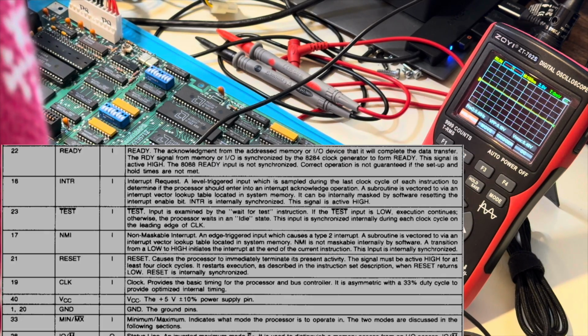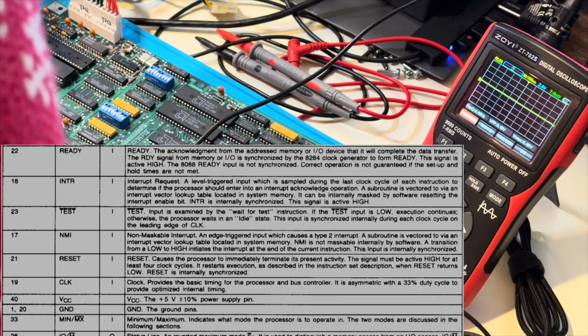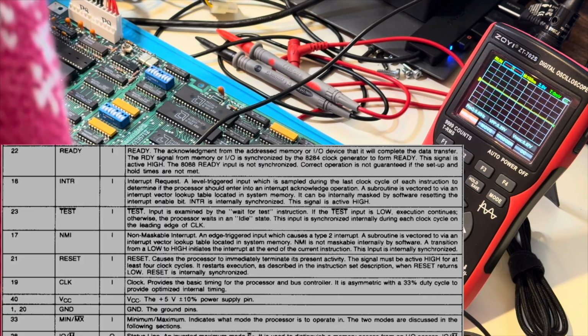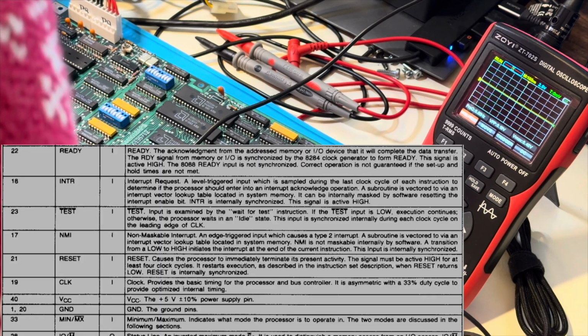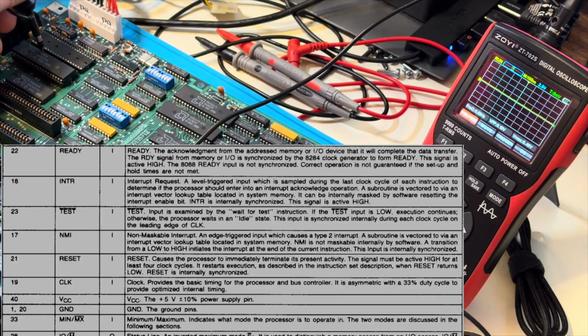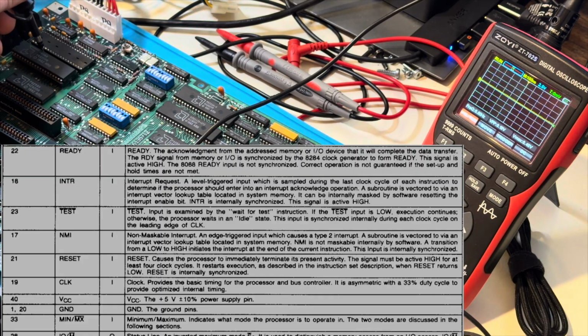Lost it. Do it again. Sorry, folks. That's 40, 39, 38, 37, 36, 35, 34. Pin 33, I keep sliding off the pin, is low. So that is max mode for the CPU, which is the mode we want it to be in.